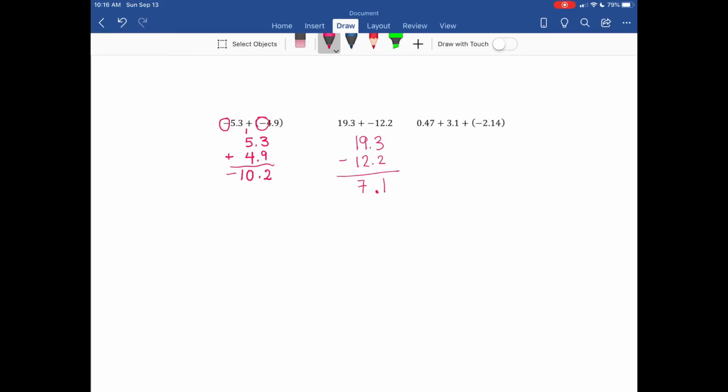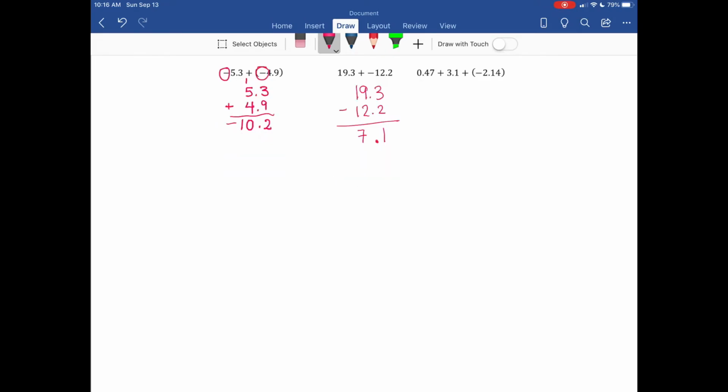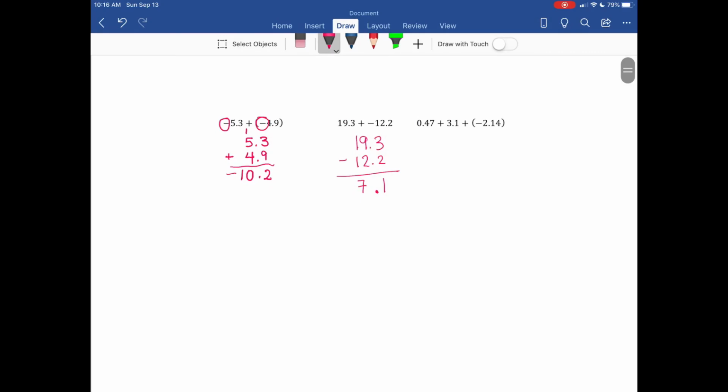So you'll notice here, got a little twist. We've got three terms. So let's just start by taking the sum of these two. They're both positive, so 0.47 and 3.1. I'm lining up the decimals. Sometimes if it helps, I put a placeholder of 0 and I add those.